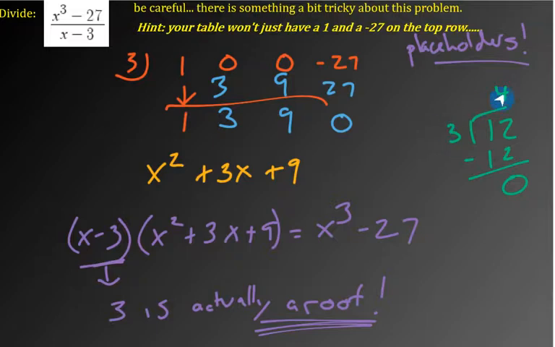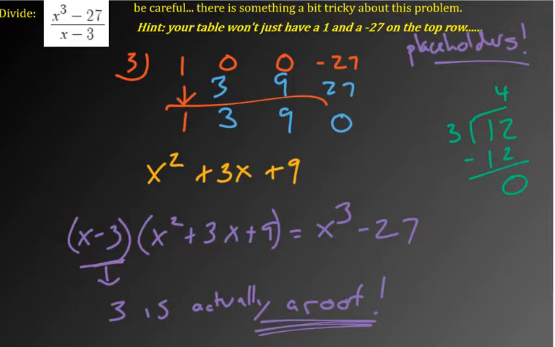Like, we know that 3 and 4 are factors of 12, or, well, 2 factors of 12. This x minus 3 is a factor of x cubed minus 27. And more importantly, 3 is actually a root of x cubed minus 27.